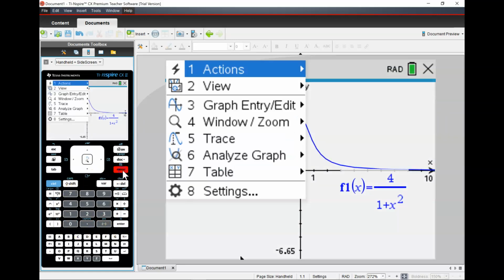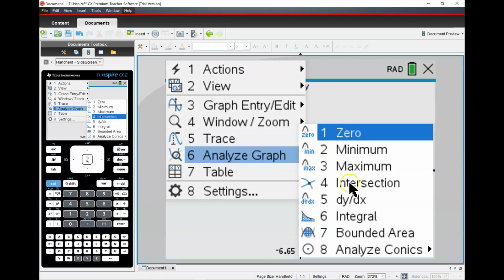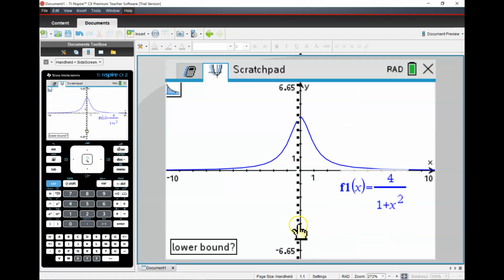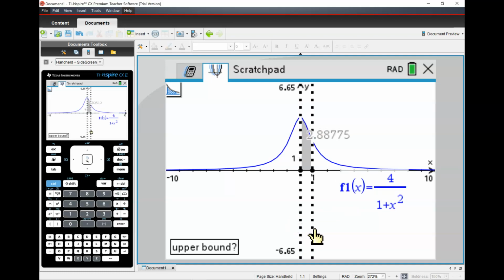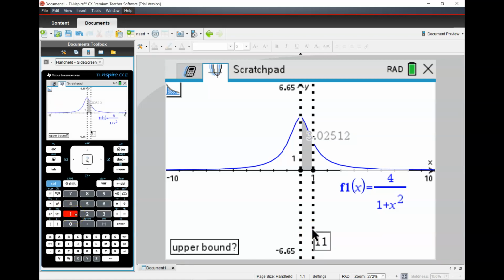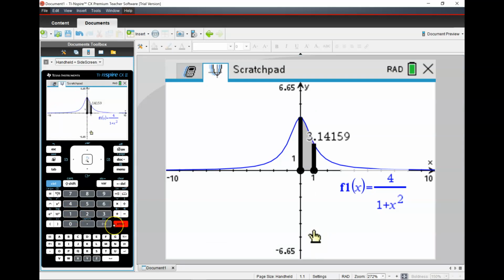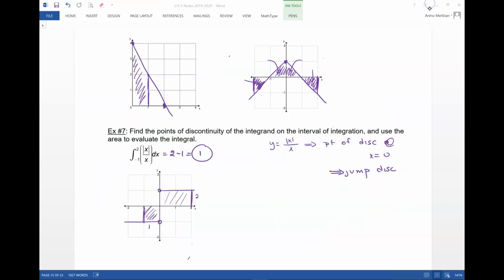So I'm going to go to menu, analyze graph, integral from 0 to 1. Is that 1? Look at what that number is. Pi. You get pi. 3.14159. Isn't that cool?